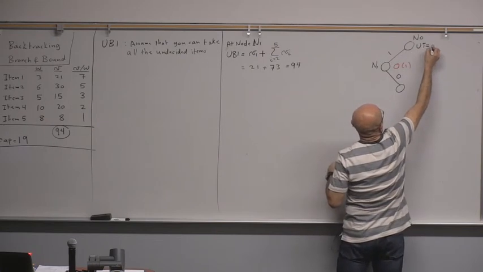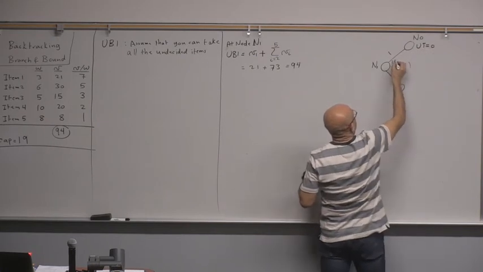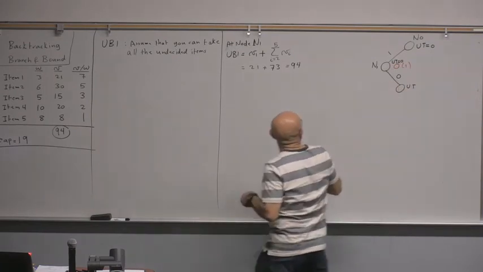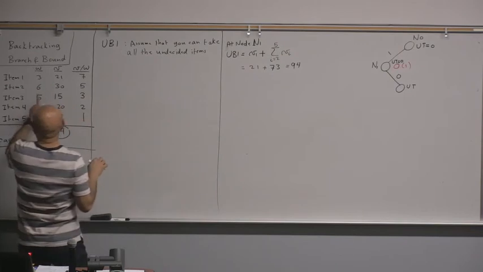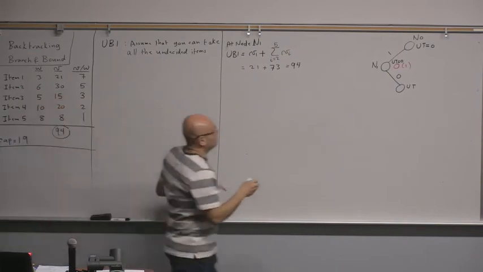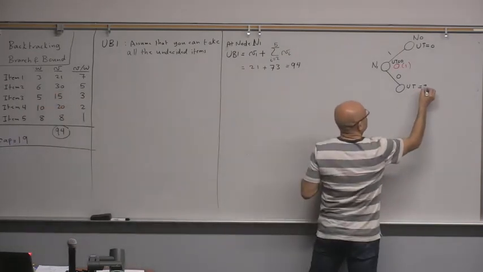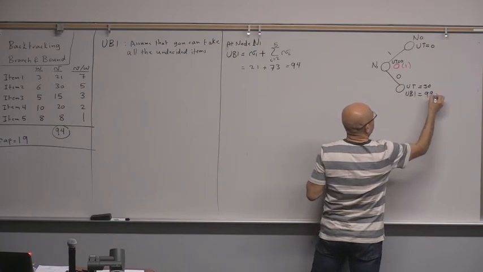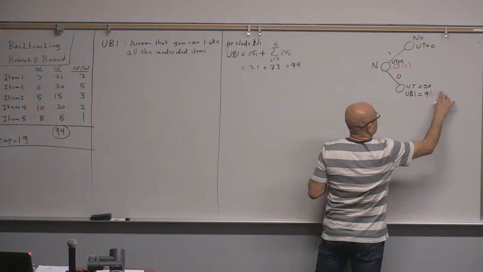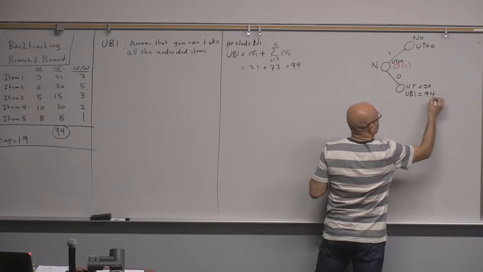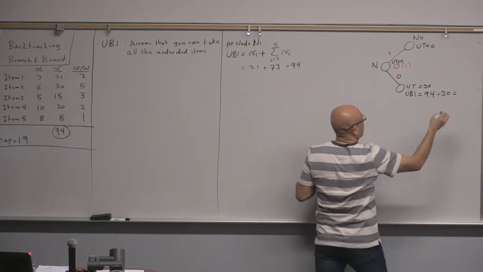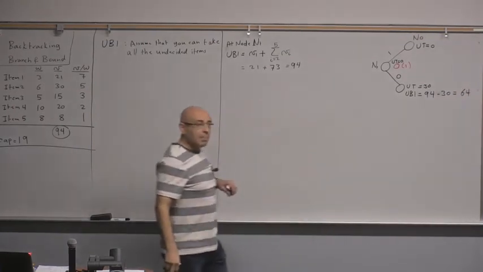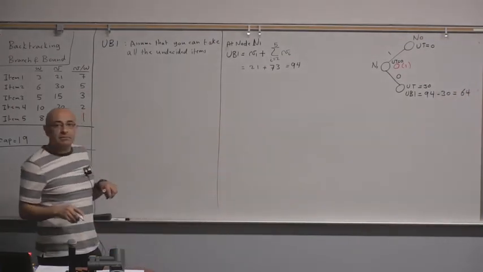Untaken is initially 0. Untaken here is 0. Untaken here is the value of item 2, which is 30. Untaken is 30, which means that upper bound 1 here equals 94 minus 30, which is 64. This is your upper bound number 1.